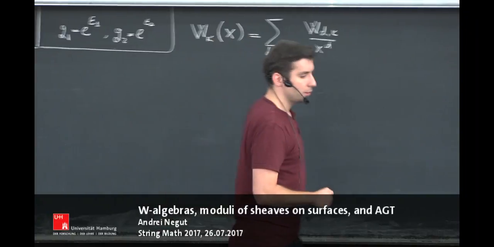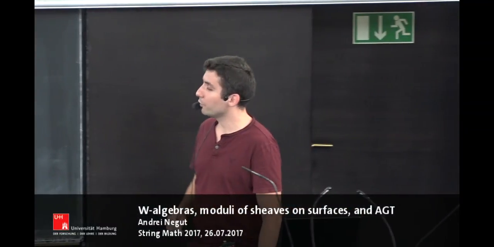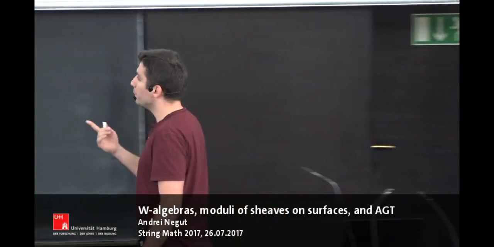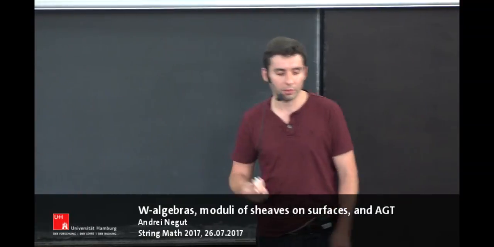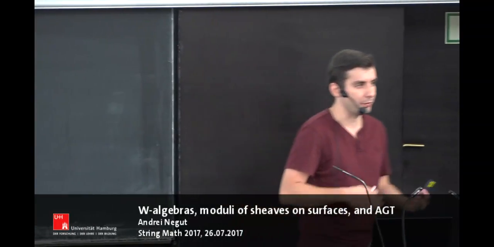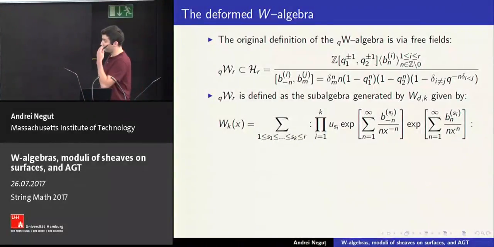So in terms of vertex operator algebras, W_k(x) are fields, the W_{d,k} are their modes. So you will see me going back and forth between saying that an algebra is defined by fields, or defined by their modes. This is the connection between W_{d,k} and W_k(x), which we will see throughout this talk.